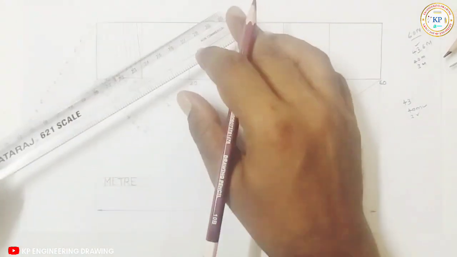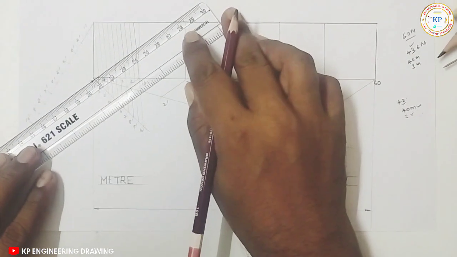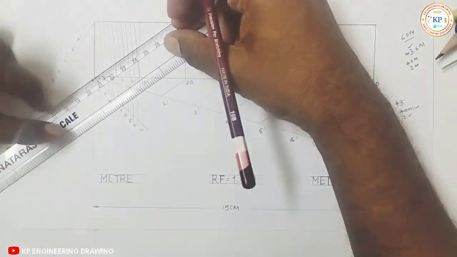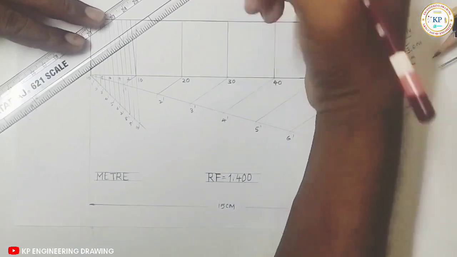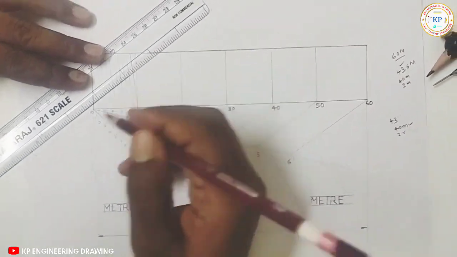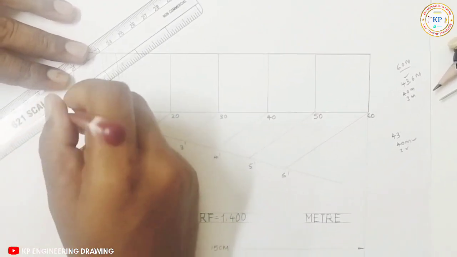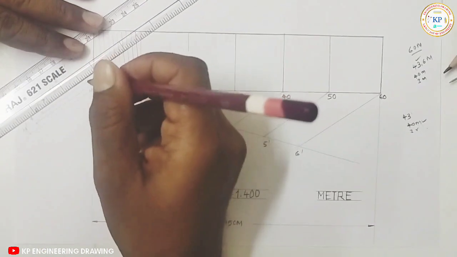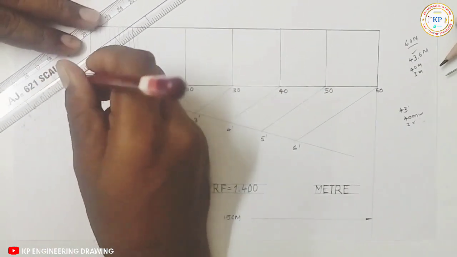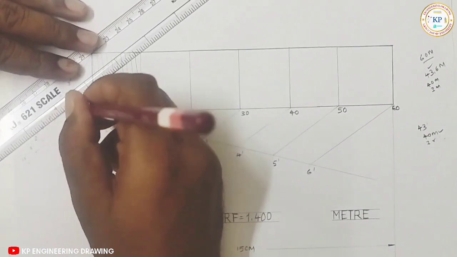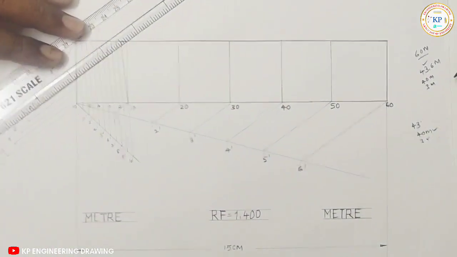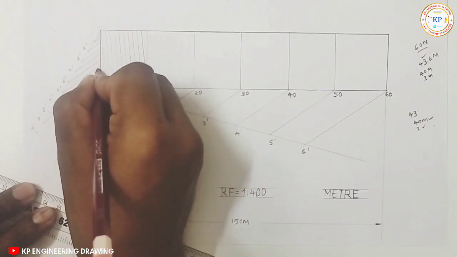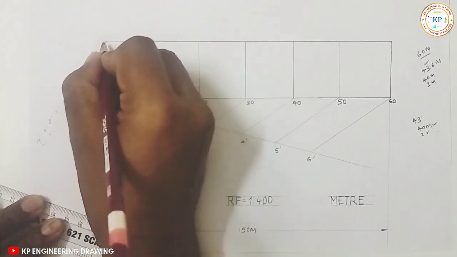Now you join the end point. Fix your drafter. Move to the next point. So we have divided this also into 10 equal parts. Say this is 2, 4, 6, 8 and 10.